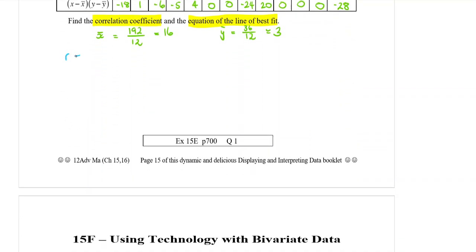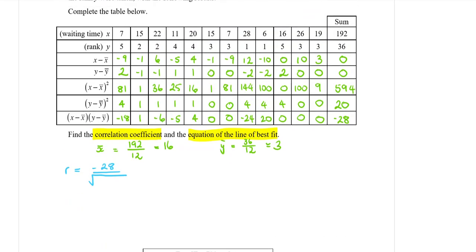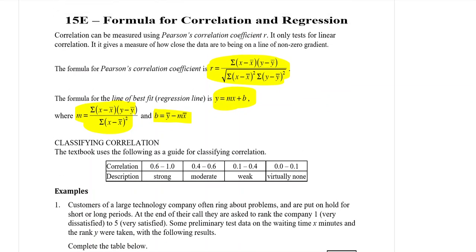So R equals -28 over, on the bottom of the fraction, we need the square root of the sum of x minus x bar squared times sum of y minus y bar squared. They're two different things. I'll come back up here.